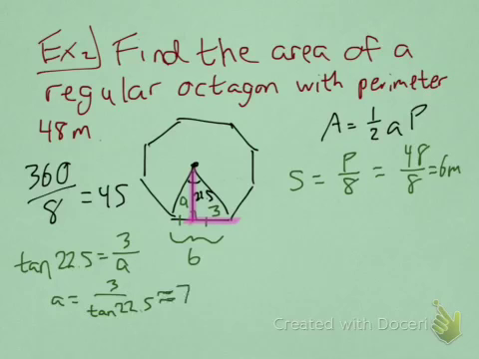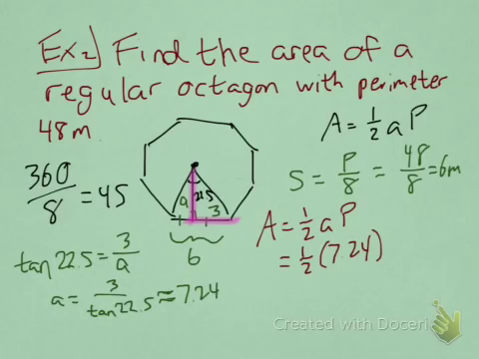Approximately 7.24. So now all we have to do is plug that in. We have the area equals, in fact I'll do this in a different color so it's not confusing, the area equals 1/2 AP. We know that it is 1/2 the apothem, which is 7.24, times the perimeter, which is 48.